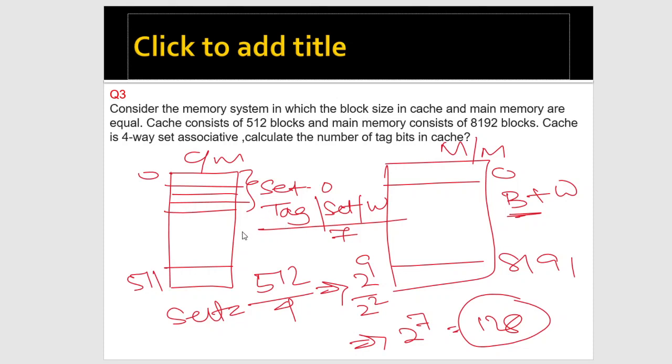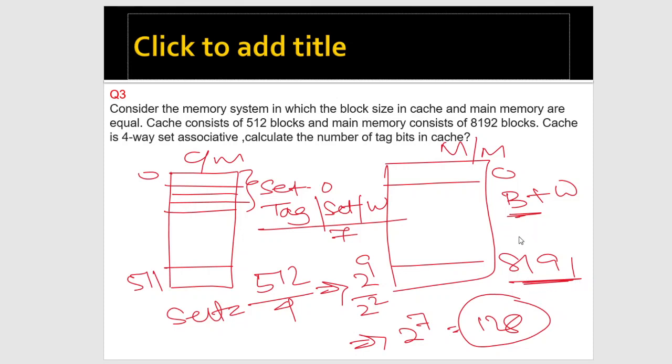How much will it be? B will be... the number of blocks is given. Yes, the number of blocks is given. It is 8192.